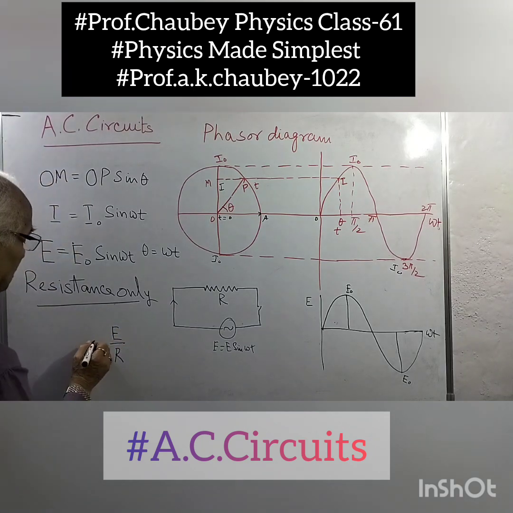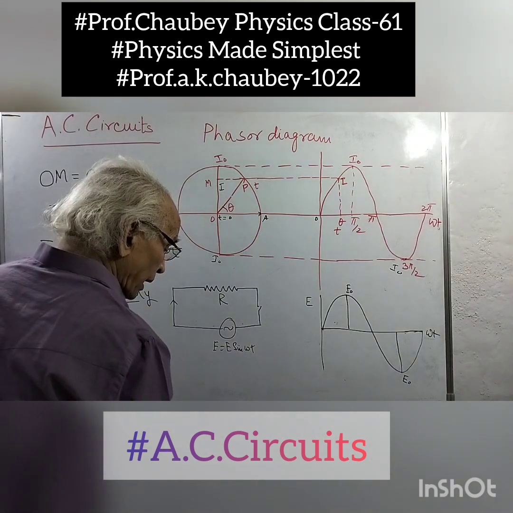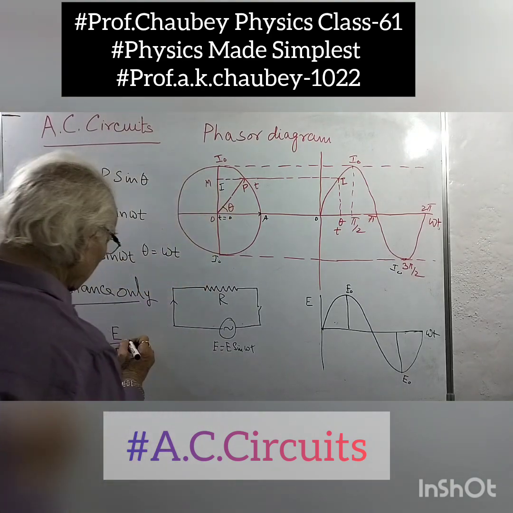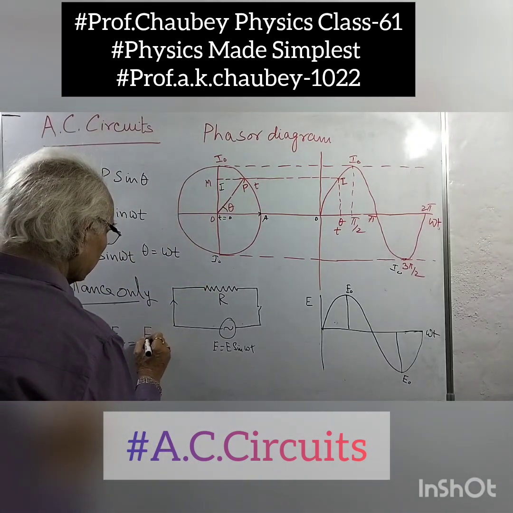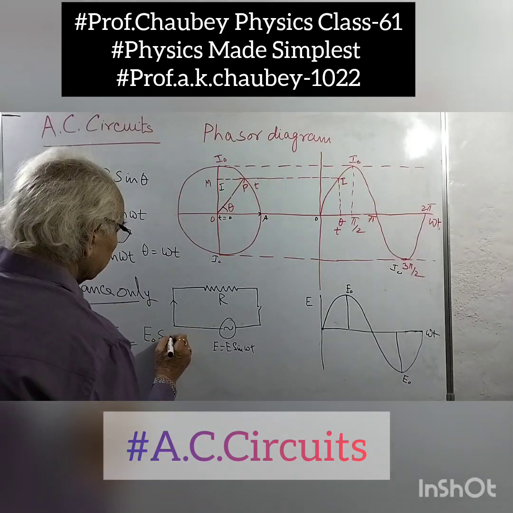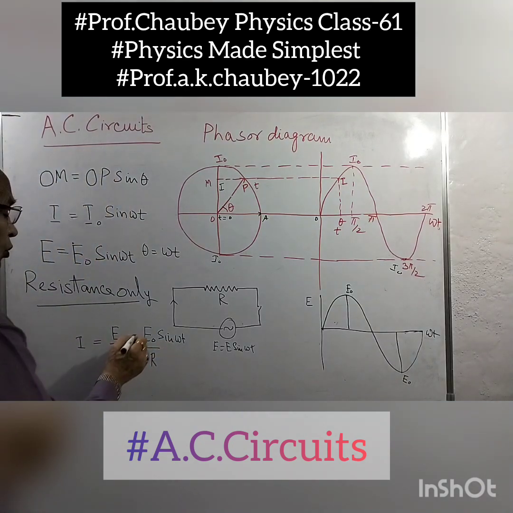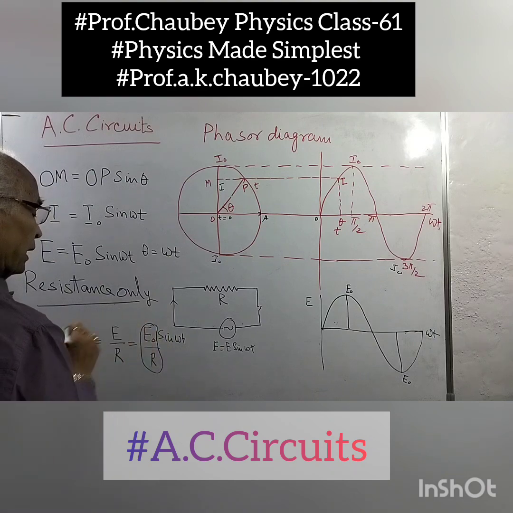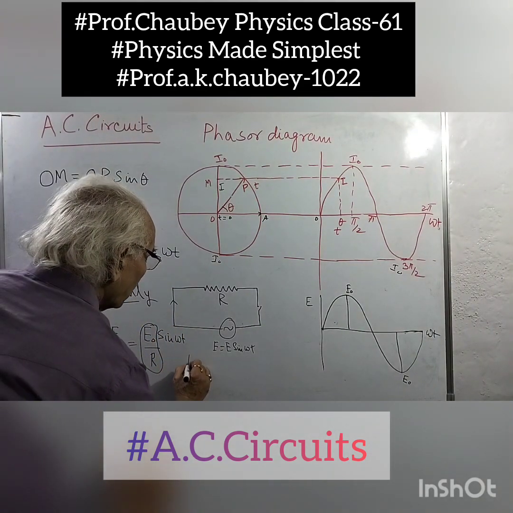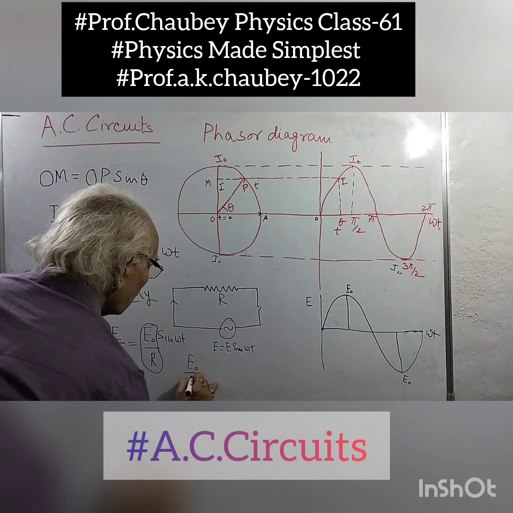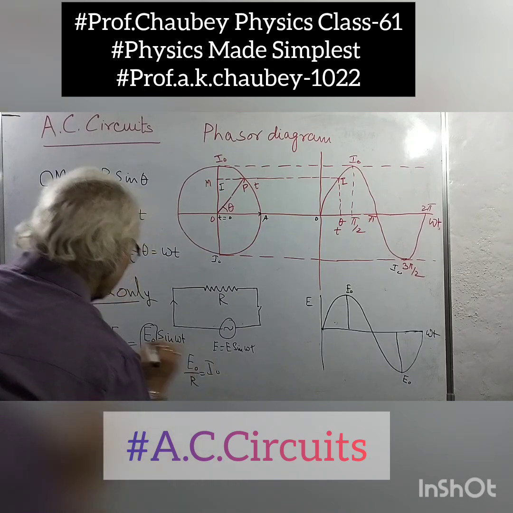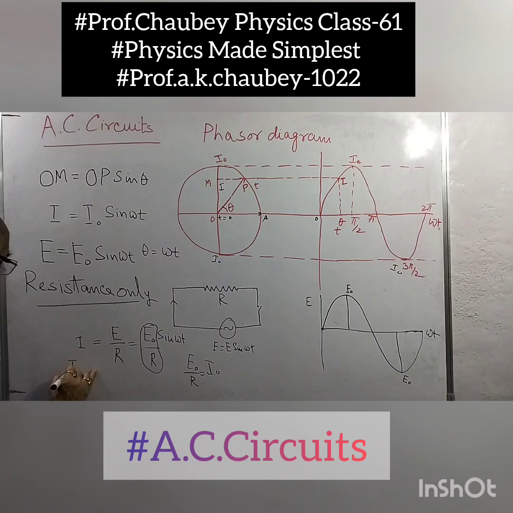You can write that I is E naught sin omega t over R. So E naught over R is the maximum current, E naught over R is equal to I naught. So you can write I is equal to I naught sin omega t.